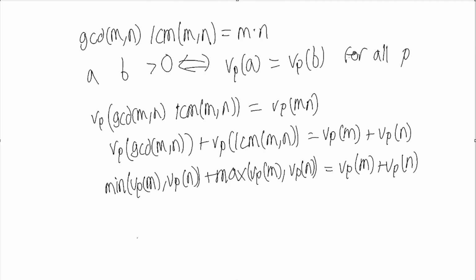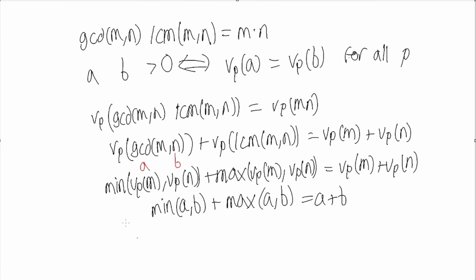Now we can go ahead and let this one here, because this quantity shows up all the time, be A, and this one be B. So now we want to show min of A, B plus max of A, B is equal to A plus B. Well, now it's pretty clear why this should be the case, because one of A and B has to be the smallest one.